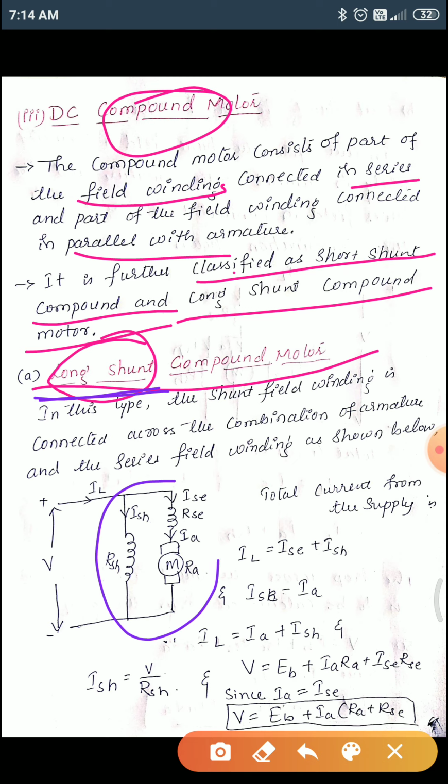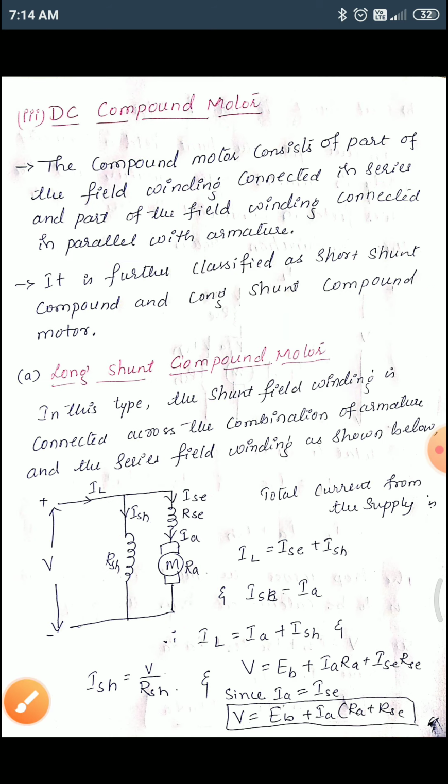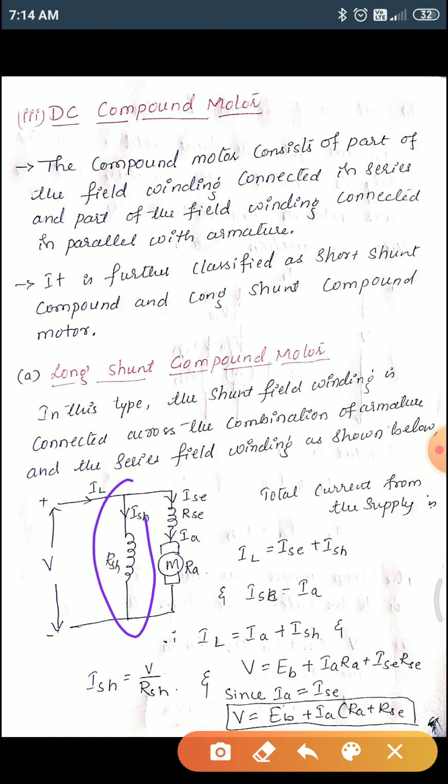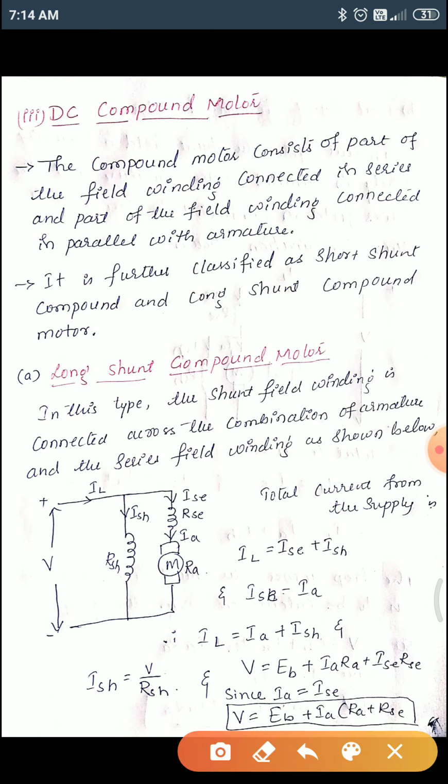In this, the shunt field winding is connected in parallel to the combination of series field winding and armature in series. The series field winding is connected in series with the armature, and for this combination the shunt field winding is connected in parallel. So from this we can write the equations for IL and all.